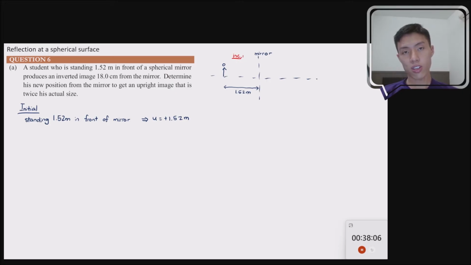So the reflected ray should be over here. Incident is on the left hand side, reflected also on the left hand side, because your light will bounce back. So if your object is on the same side as the incident, that's why your object distance U here will be positive. Okay, next it says that it produces an inverted image.